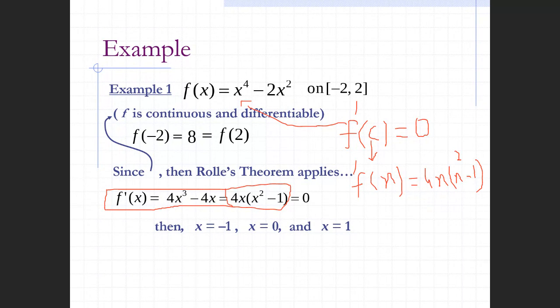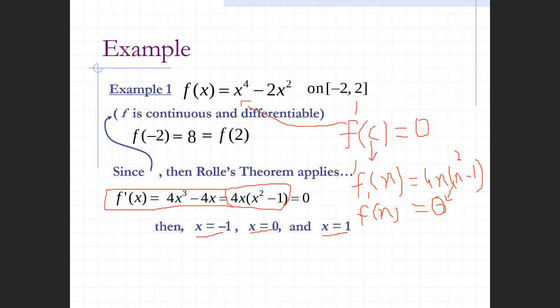So I will take f dash of x equal to 0, and then I can find the value of c. When I take 4x into x square minus 1 equal to 0, the roots of this equation will come, three roots. The roots are x is equal to -1, x is equal to 0, and x is equal to 1.